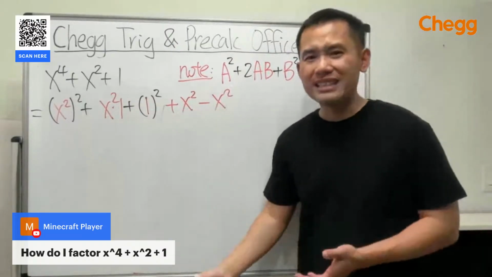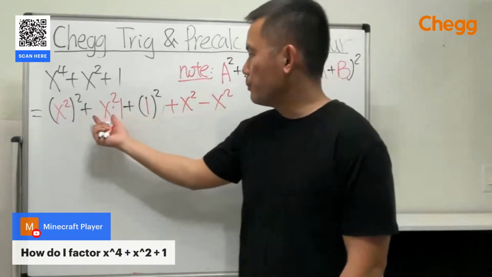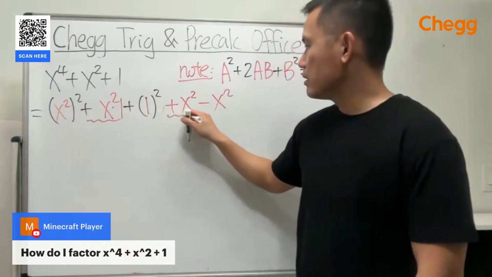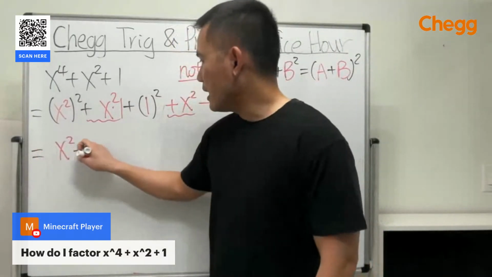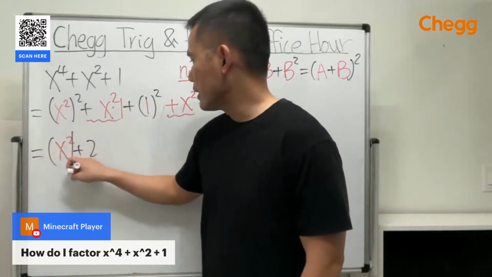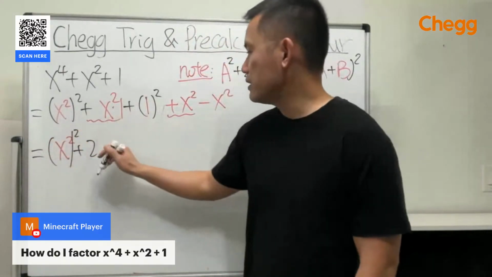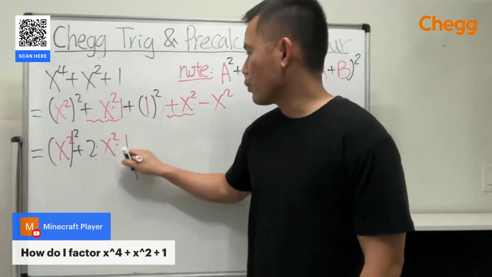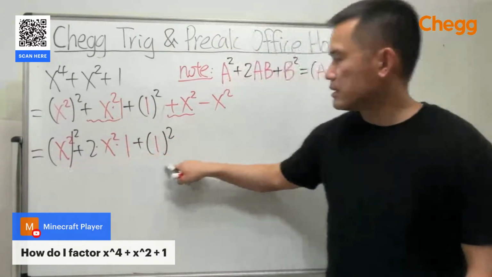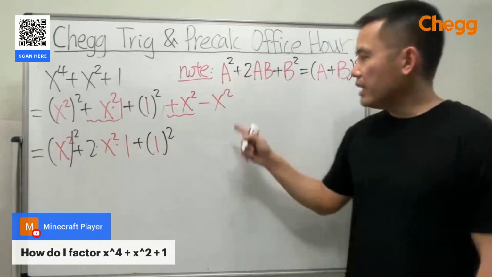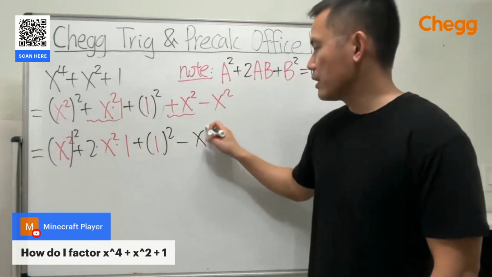Then we're really adding 0. So if you add this and that together, we will get x to the fourth plus 2x squared, 2 times x squared times the 1, and then plus 1 squared. And this will fit in here. And then we still have minus x squared.